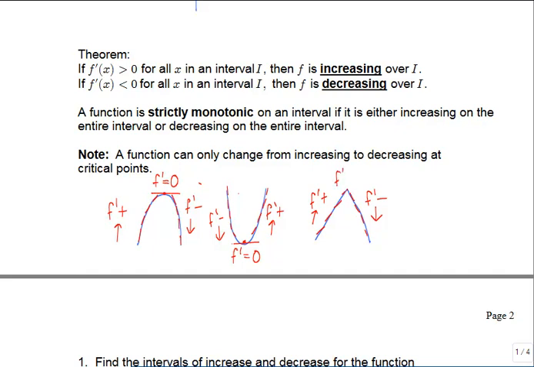Well, what we know is that kinks or sharp turns in our graph are places where the derivative does not exist. So the only way we can change from positive to negative slopes is either hitting zero in between with your derivative or having a derivative that does not exist. And the same is true from going from a minus to a plus. I can't decrease and then increase without either hitting zero or being DNE. So these critical points are really important.